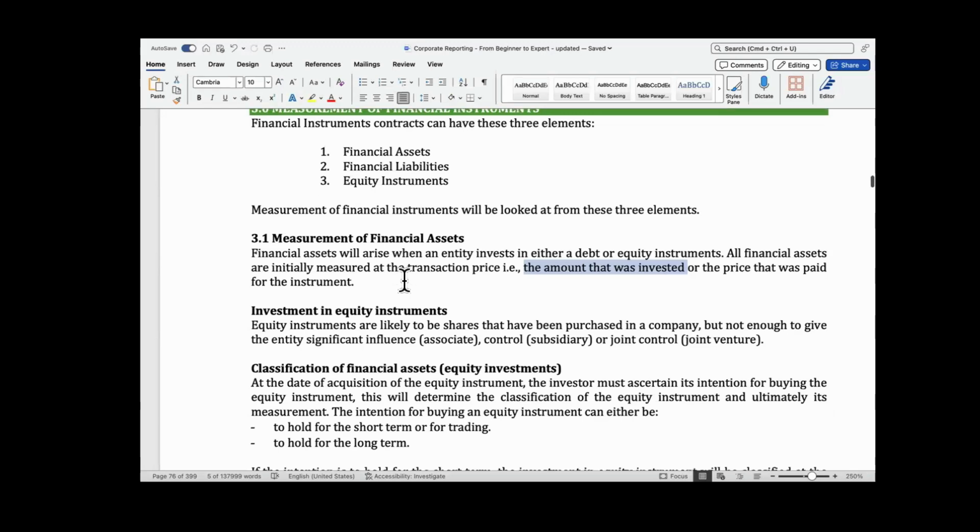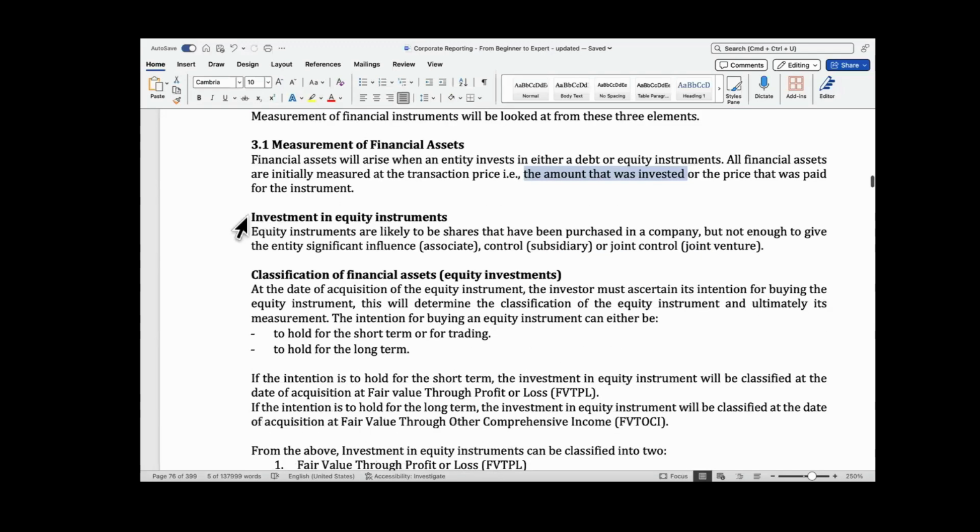Now, going deeper, let me narrow down to when you invest in shares, in equity instruments. How do you measure that? Remember that the investment in equity instruments we are talking about here is different from what Mr. Abiodun is teaching you.